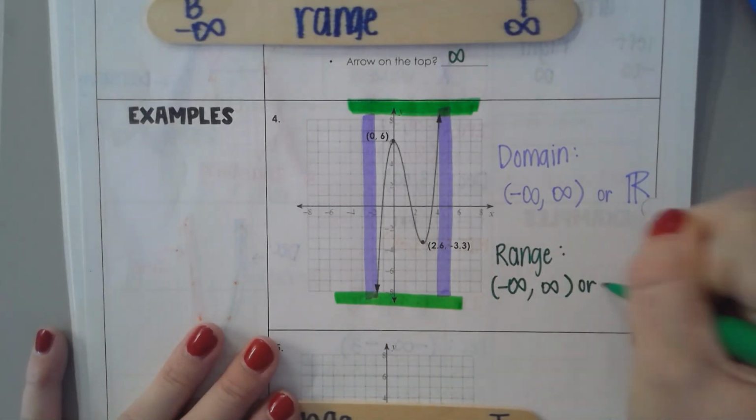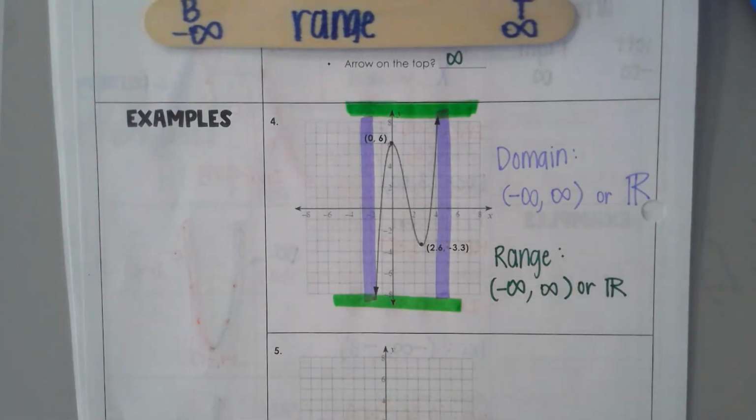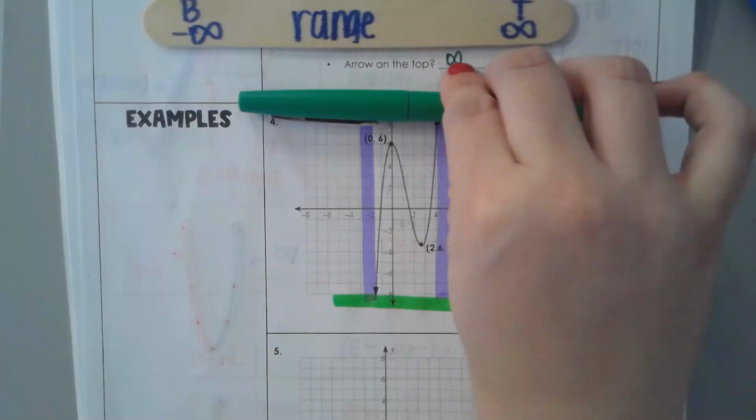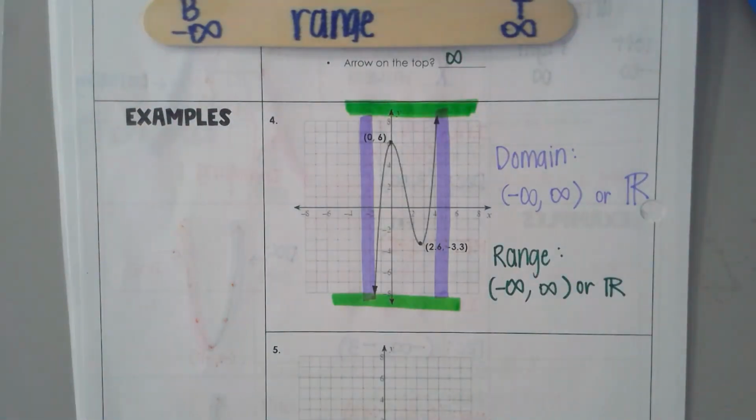Or you could have written the all real numbers symbol. Now your range is not always going to be this. It will be this about half of the time. So sometimes we have an arrow on the bottom and the top and the left and the right. In that case, domain and range are both all real numbers.